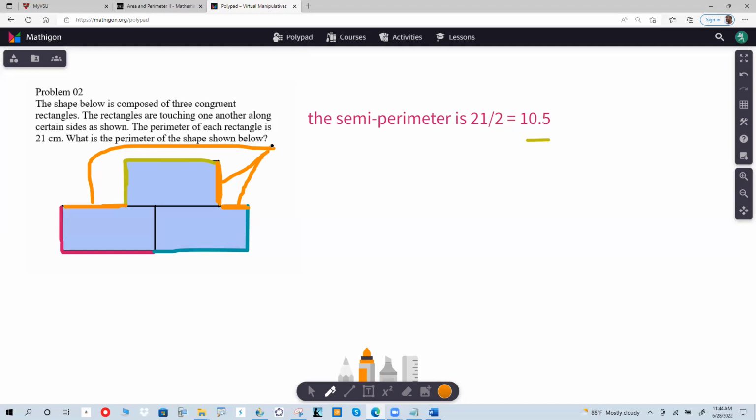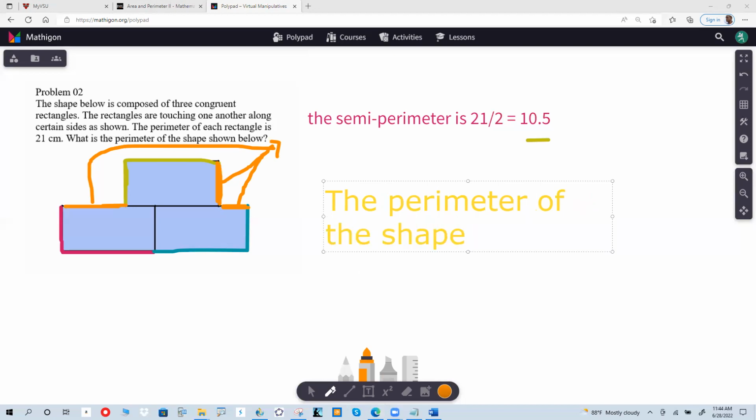So they want you to find the perimeter of the shape, and you're going to say: answer. It is that same 10.5 that you can see, but 1, 2, 3, 4 times that.